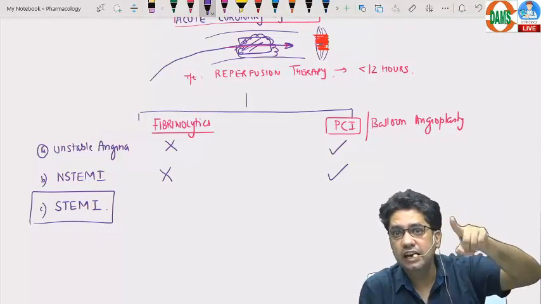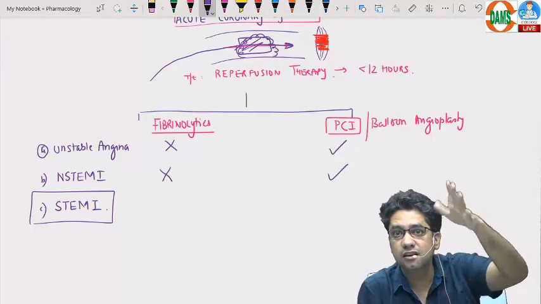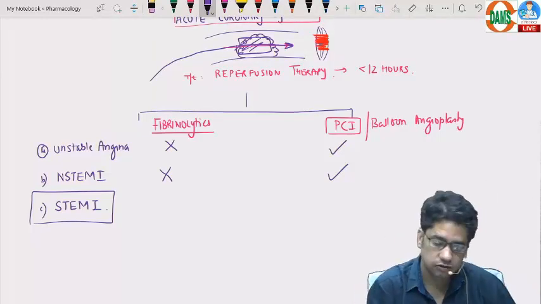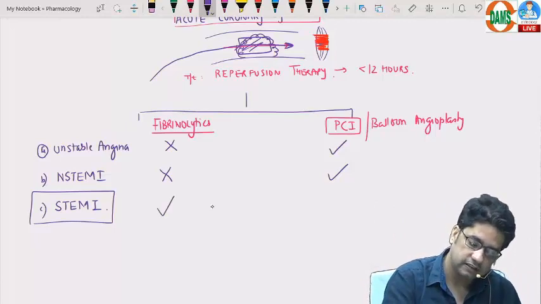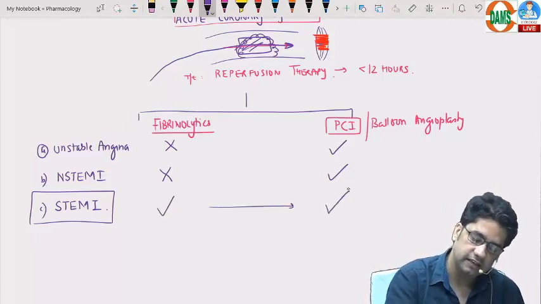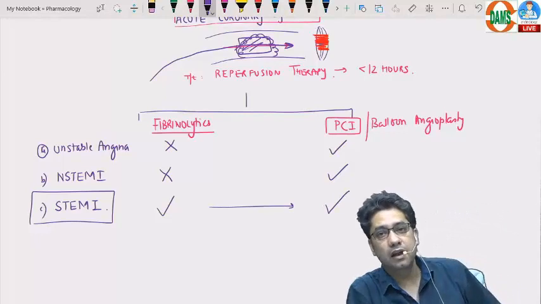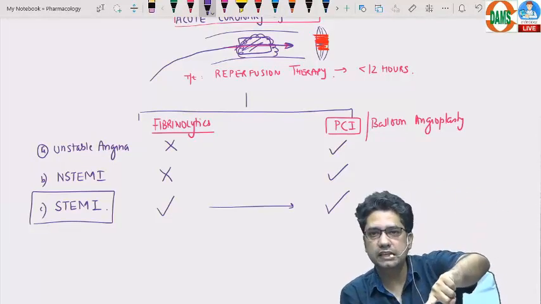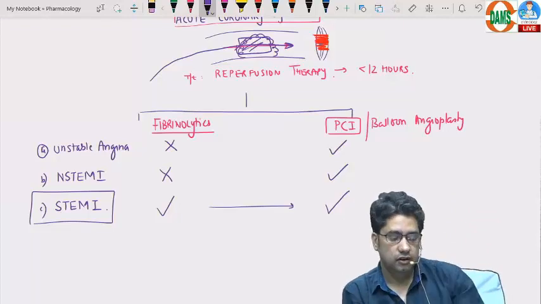PCI will take time. Angioplasty takes time. You cannot wait. The patient can die. So here you will do fibrinolytics first, streptokinase, and then we will plan for PCI.